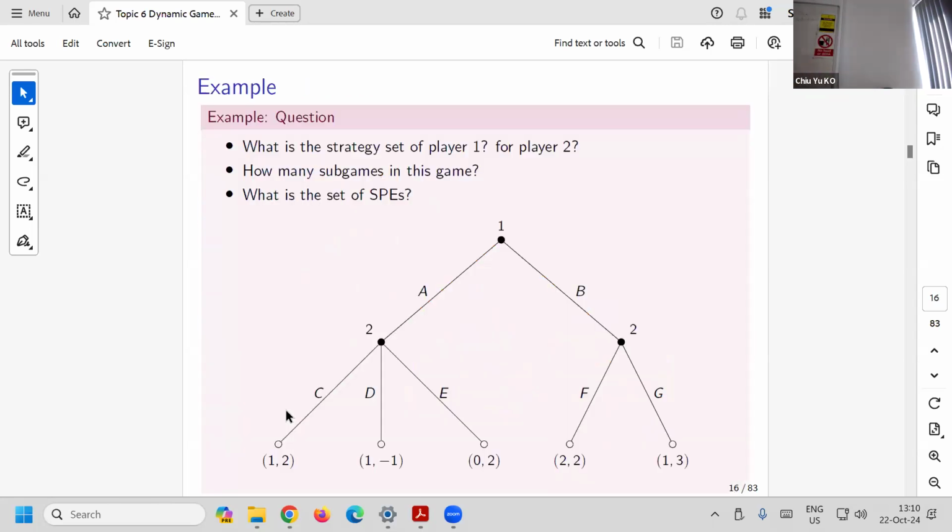So I guess it's good to try to work on this one, because it's important for understanding. Please don't look at the answer. Try before peeking, right? Peeking is not good for you. So let's look at this. What is the strategy set for player one? For player two? How many subgames are there? What is the set of SPNE? So let's try to work it out. I give you 3 minutes to work it out, and then we discuss it and take a break.